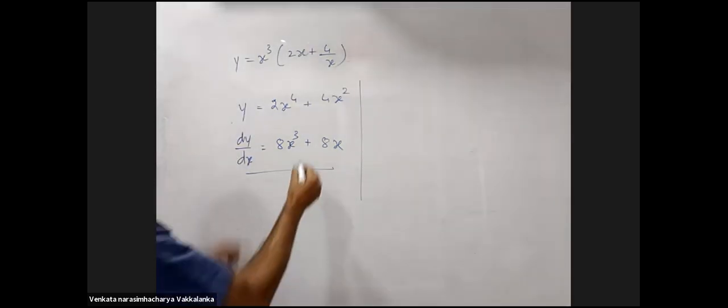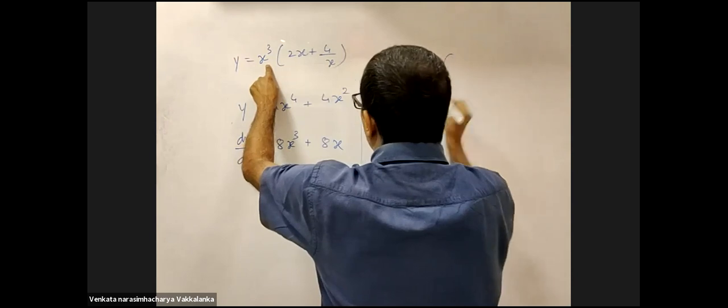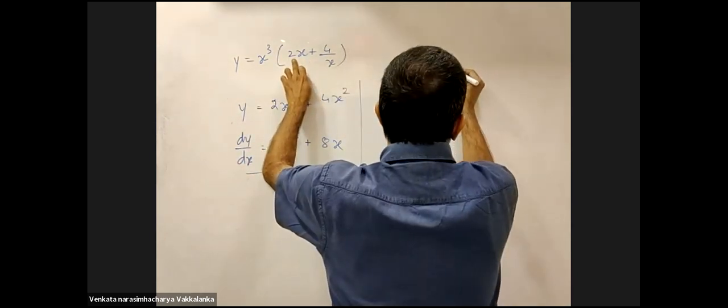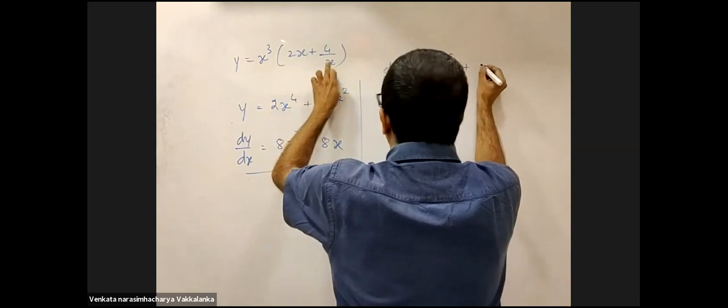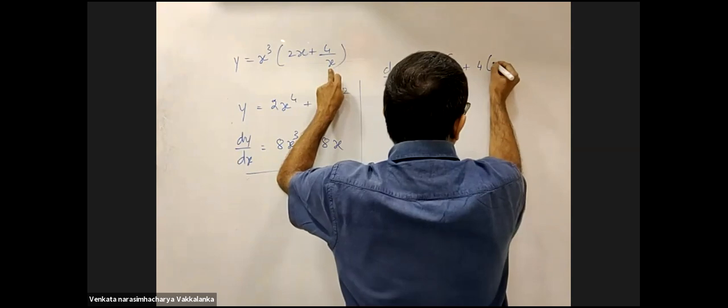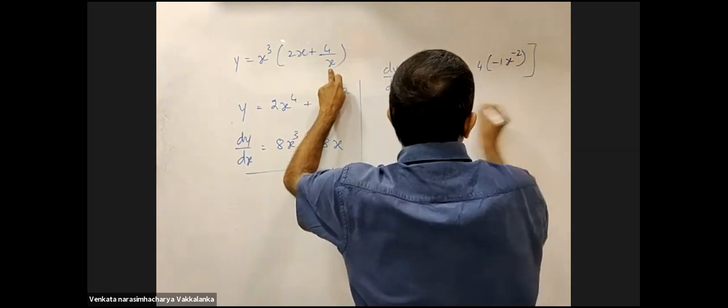Another way of solving it is dy by dx is keep x cube as it is. Differentiation of 2x with respect to x is 2. This is 4 x to the power minus 1, which is minus 1 x to the power minus 2.